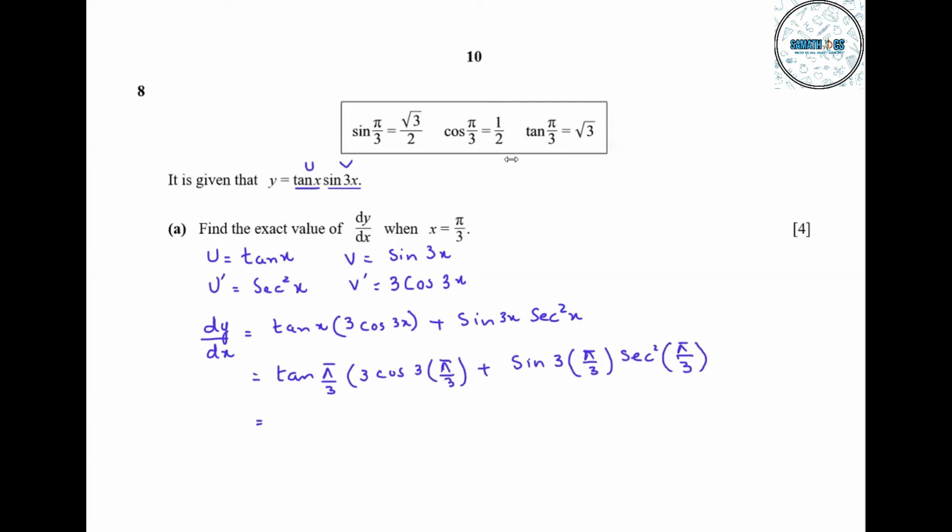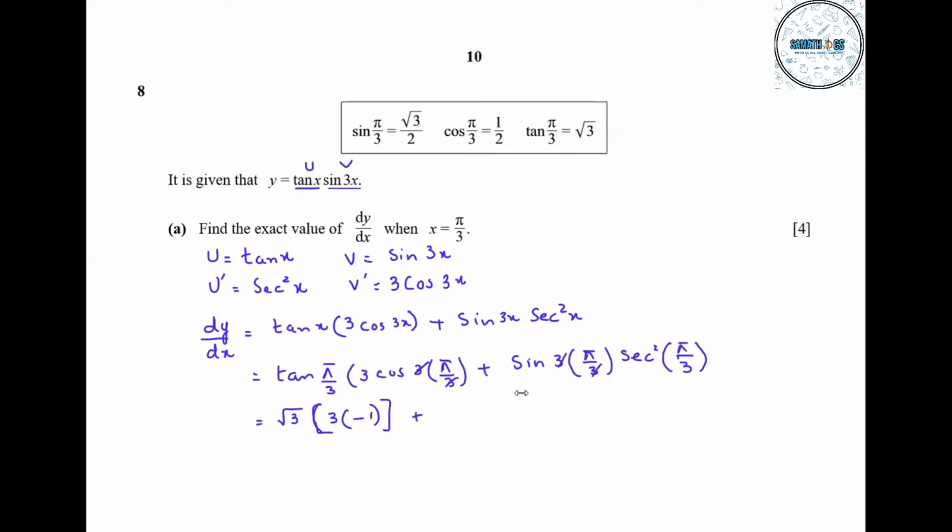So tan pi upon 3 is given as under root 3. This and this will be cancelled out. So cos pi is equal to minus 1. So we will write here 3 into minus 1. Then plus, 3 and 3 would be cancelled out.